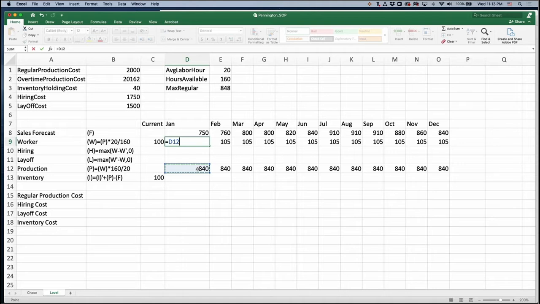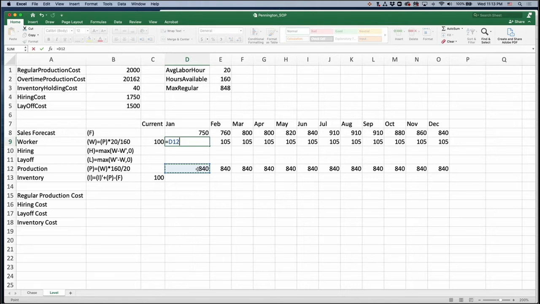That means if they have to produce 840, then the workers' time is the production level times 20 hours per product, and each worker can use 160 hours. Then you divide by 160, and we have 105.